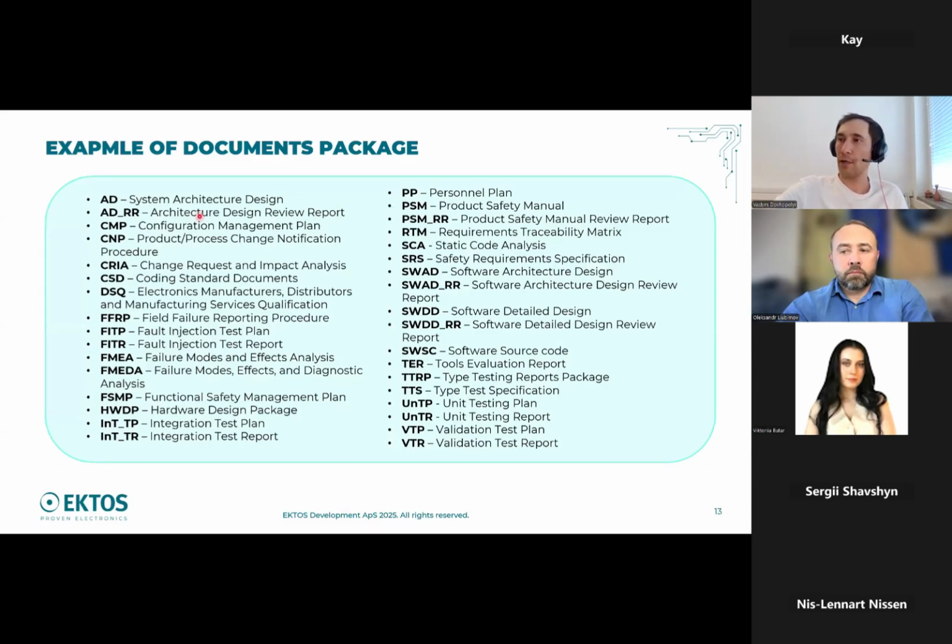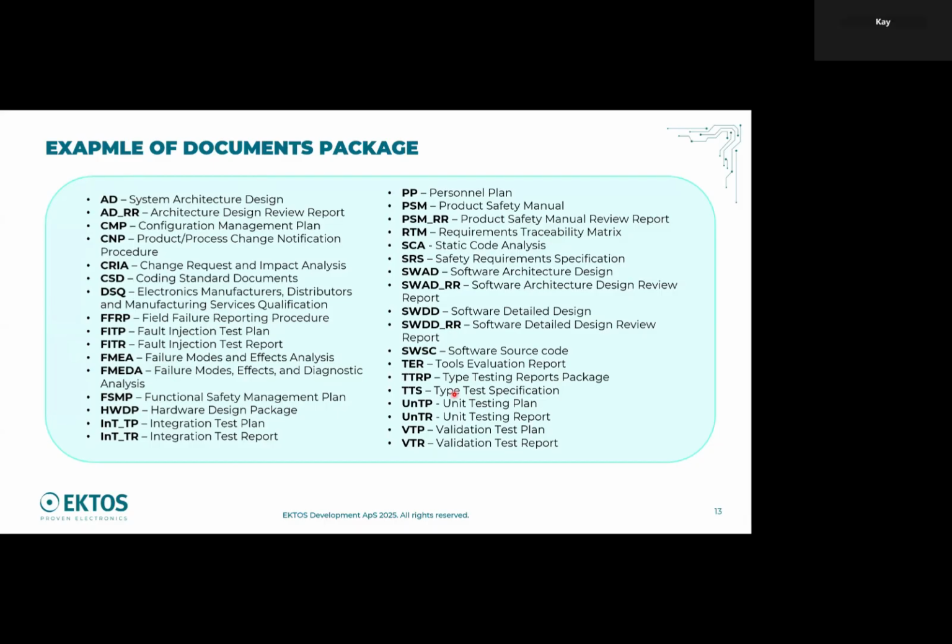Okay, if we run all of this model and execute the entire functional safety management plan activities, from the output of this document we can extract the documents which we have to develop during the life cycle or during execution of the project.